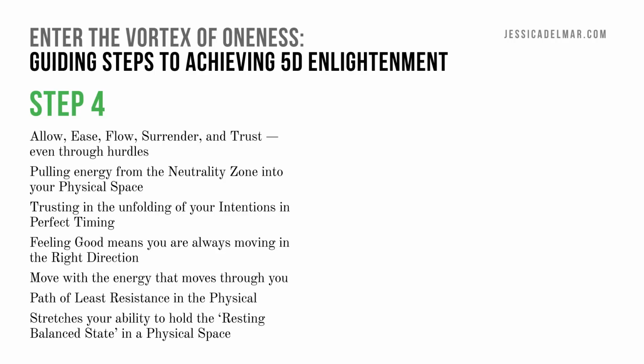But now step 4 is bringing non-attachment into your natural resting balanced state, so that you're always present in your now moment and won't fall as much back into the downward spiral of moving into those lower vibrations and getting caught up with duality and emotion and things that don't serve you as much. But even if you do, that state of non-attachment will automatically sweep you back into that neutrality zone. It'll automatically sweep you into that greater perspective, seeing with the bird's eye view of step 3.